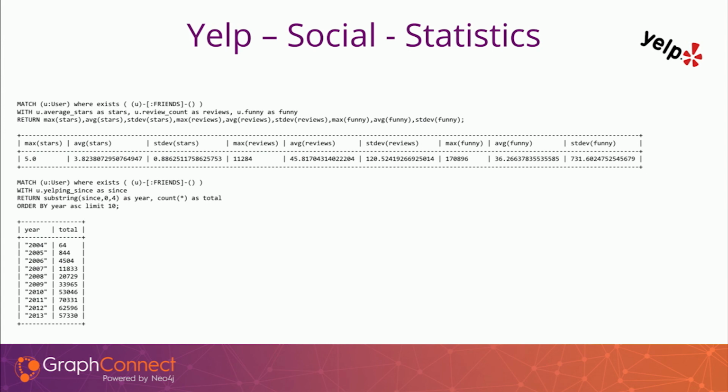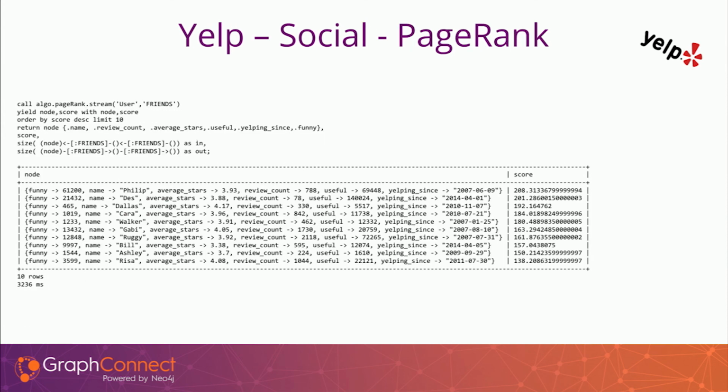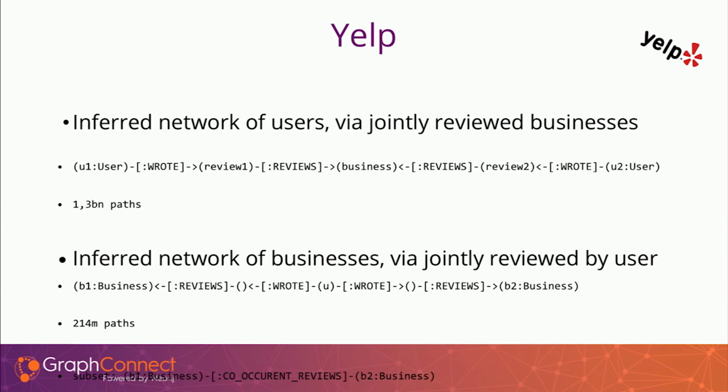So this is just a basic computation on ratings, where we can do some statistical analysis, but we can also run something like PageRank on the friends network in Yelp. And we can also run algorithms on these inferred networks.